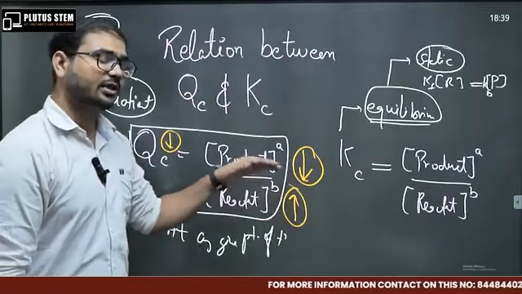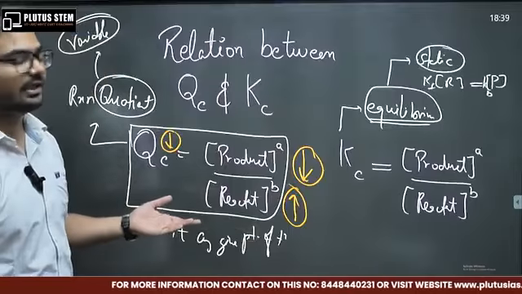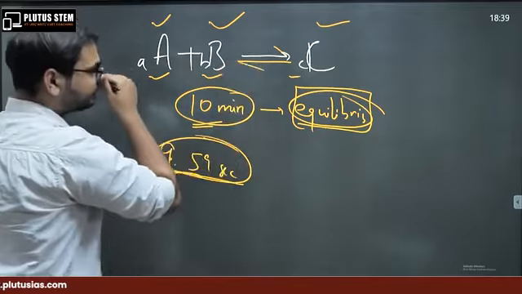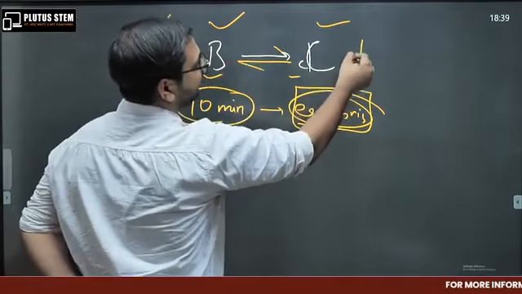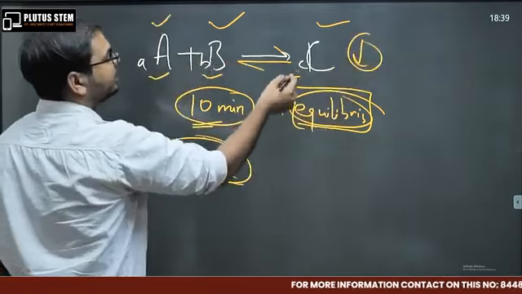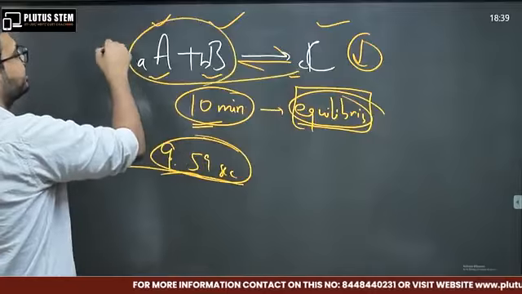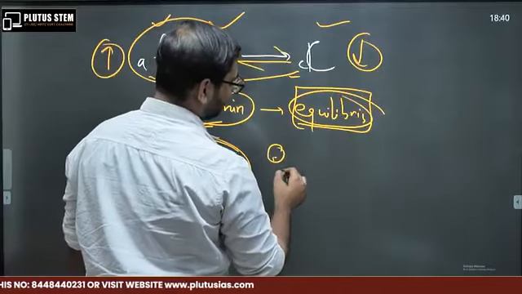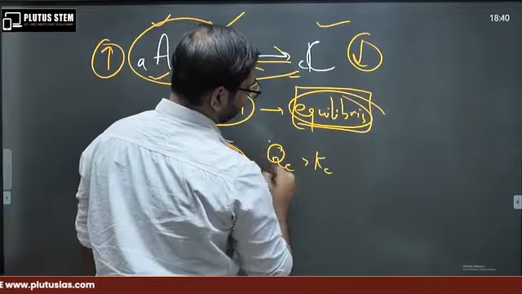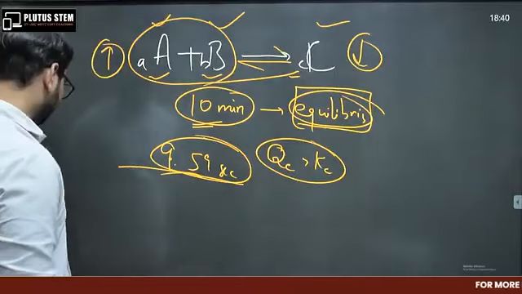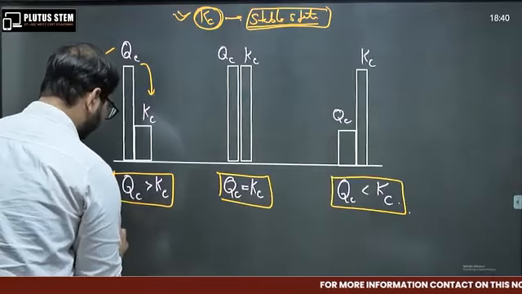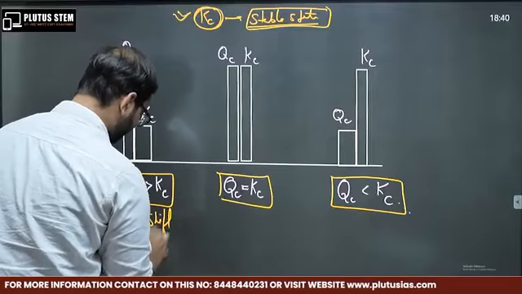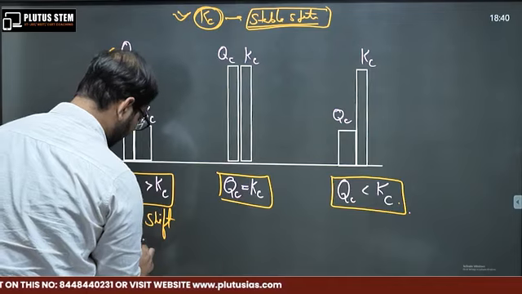Let's say if concentration of product decreases, automatically the concentration of reactant will increase. For this reaction, which is in equilibrium, the concentration of product can only fall when the product starts to decompose and increases the concentration of the reactant. So if QC has a higher value than Kc, then I can predict that my equilibrium will shift in backward direction.